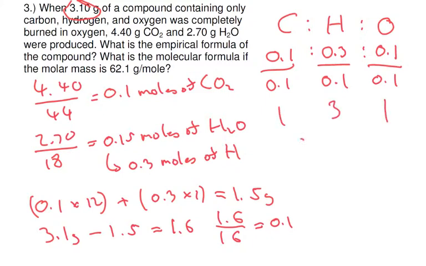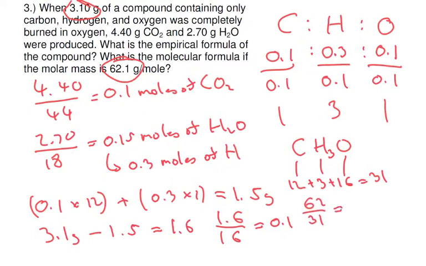So we've got CH3O, and finally we know our molar mass is 62.1. So this would be 12, this would be 3, and oxygen would be 16, which gives us 31. So 62 divided by 31 is going to be 2. So to find the molecular formula, we're going to have to double everything. So our final answer for the molecular formula will be C2H6O2.